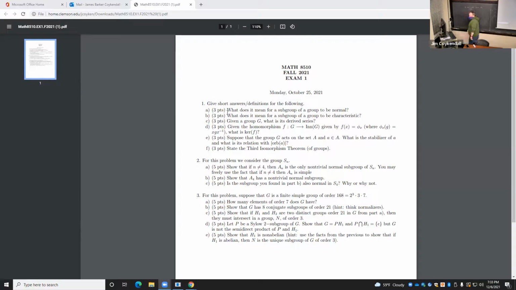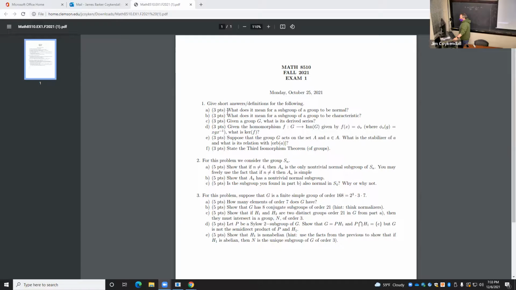If we're assuming it's simple, it can't be 1. So there must be 48 elements of order 7, because every one of those 8 groups contains 6 elements of order 7.